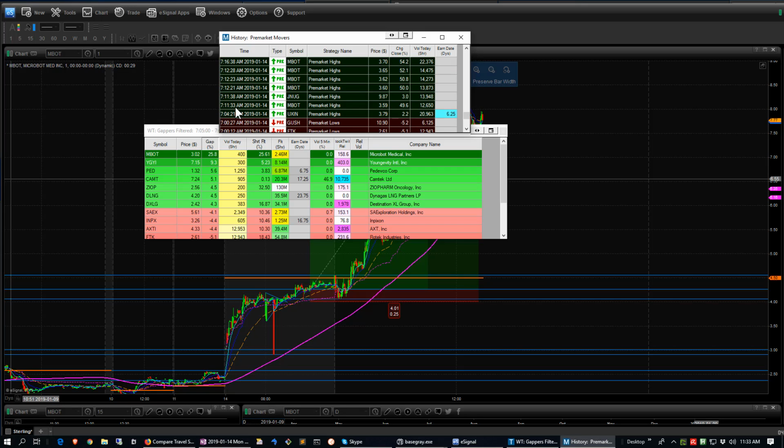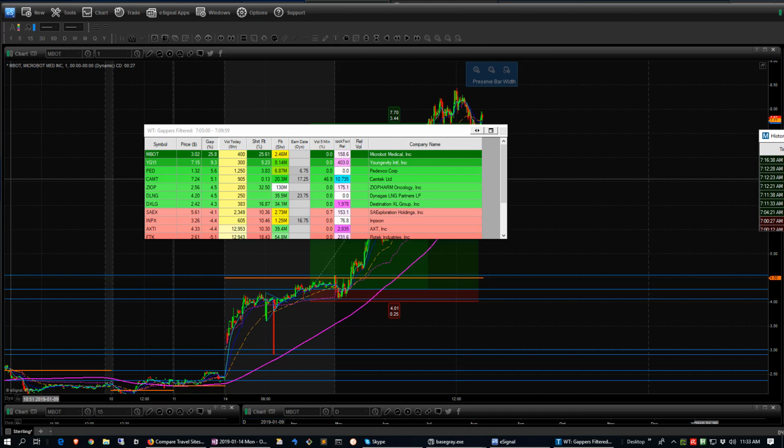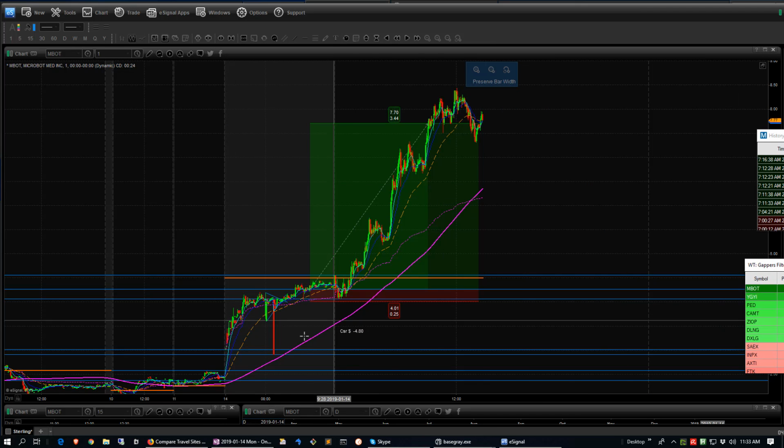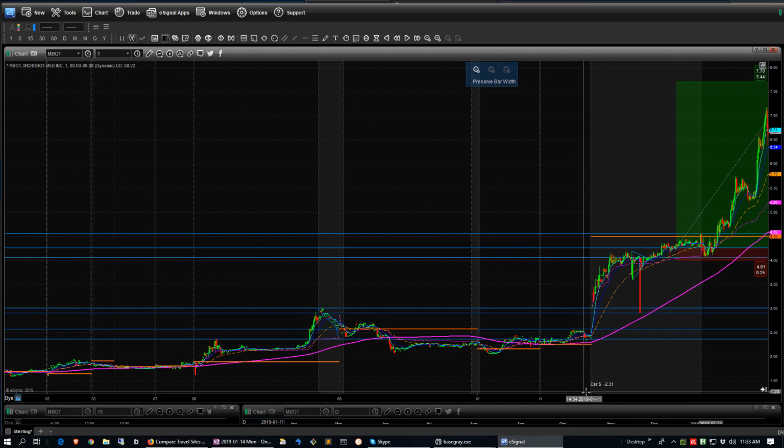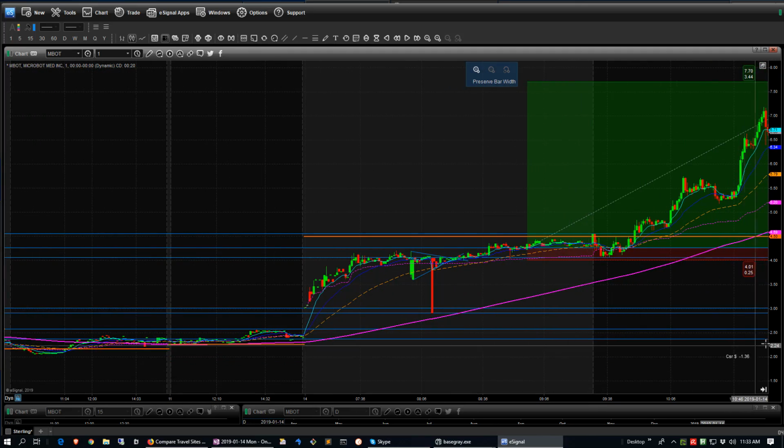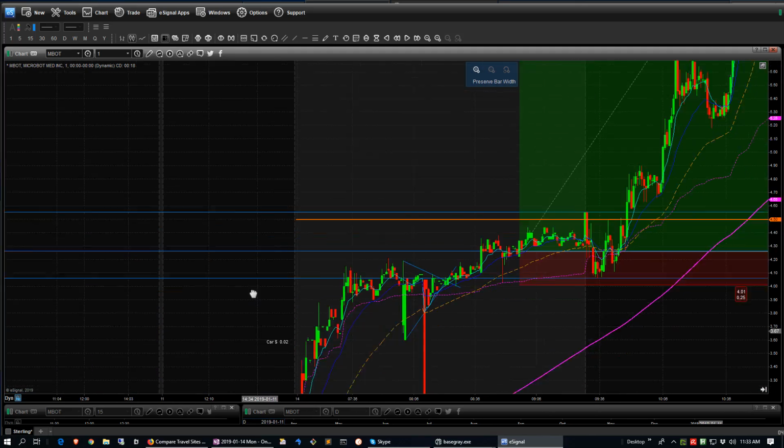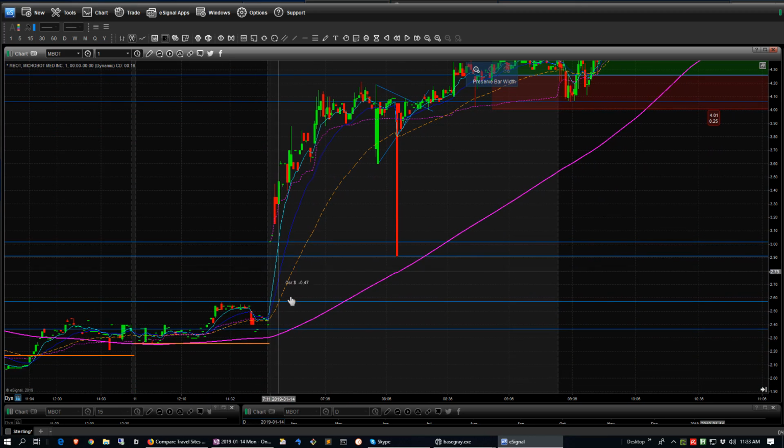Interesting. 7:11. So let's look at the chart. 7:11. Get a nice close peek at this. Look at the numbers down here. 7:11. We're going to put a vertical line, Alt V. All right.